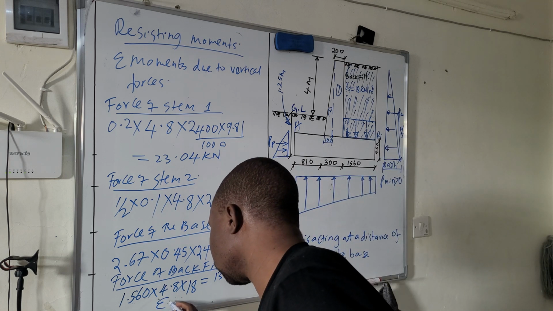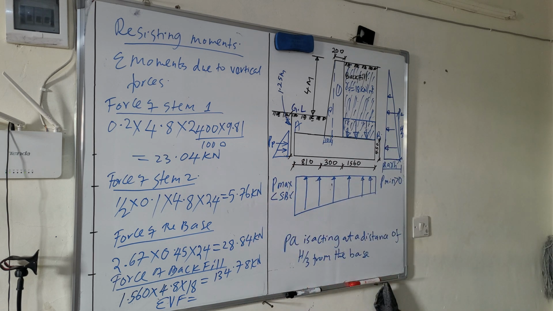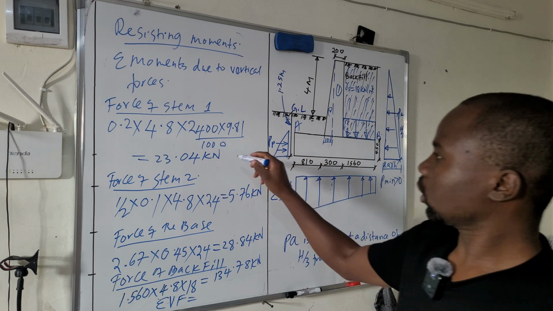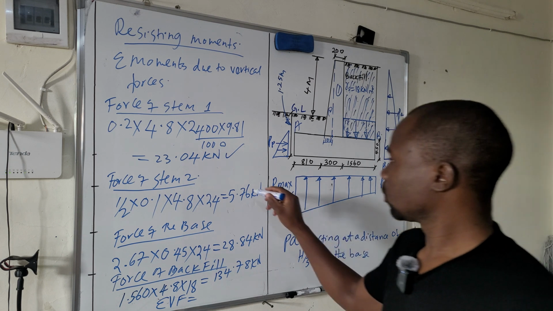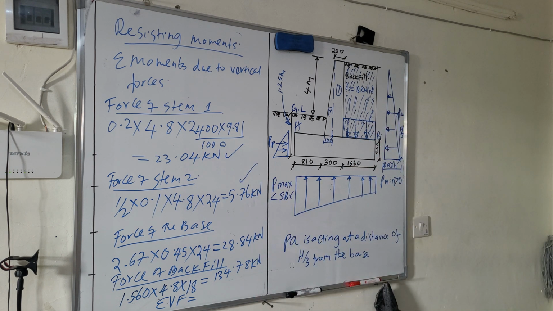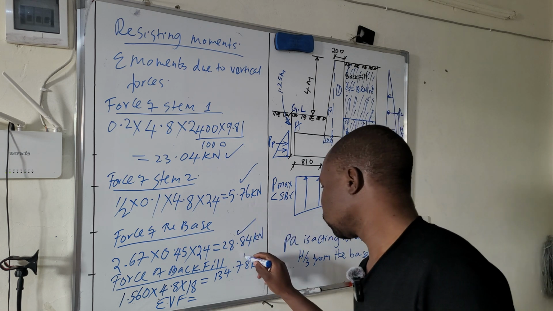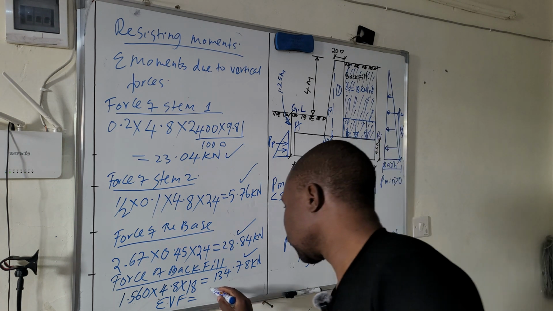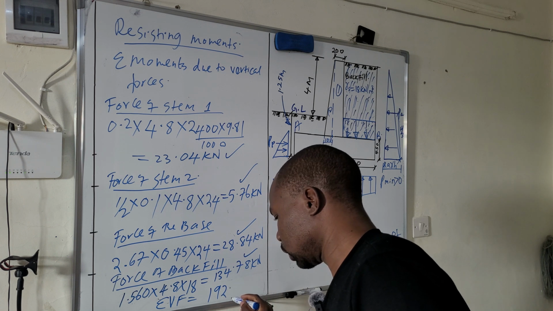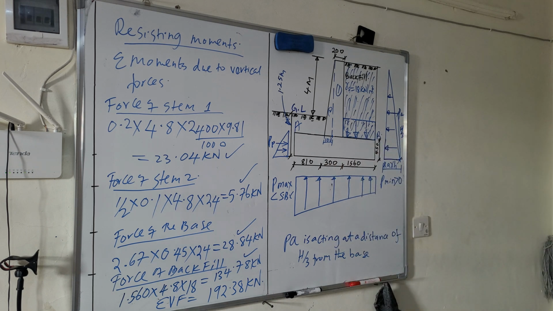After doing so, you will get the summation of the vertical forces. So summation of vertical forces, which is equal to the summation of all the downward forces. So you will add 23.04 plus 5.76 plus 28.84 plus 134.78, and you will get 192.38 kilonewton.